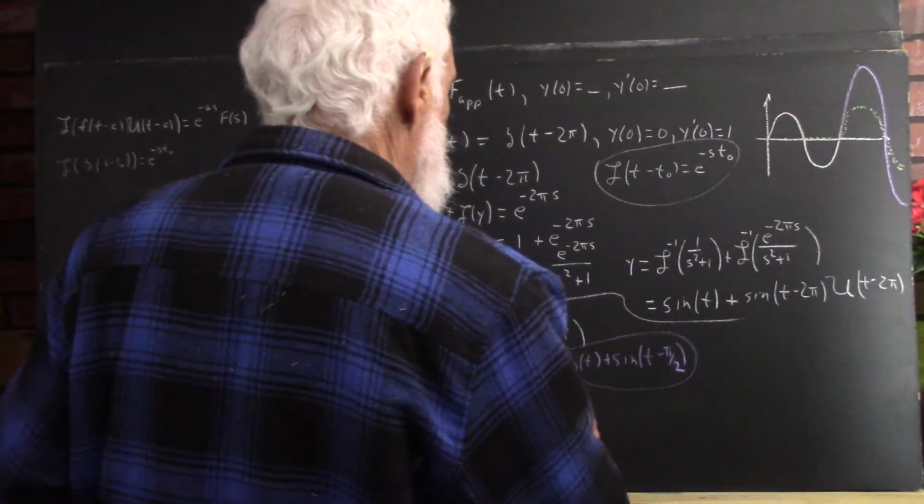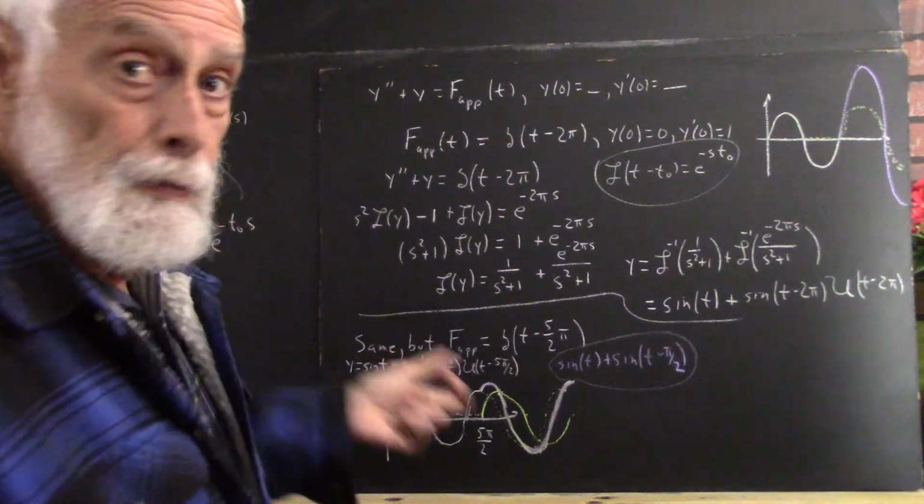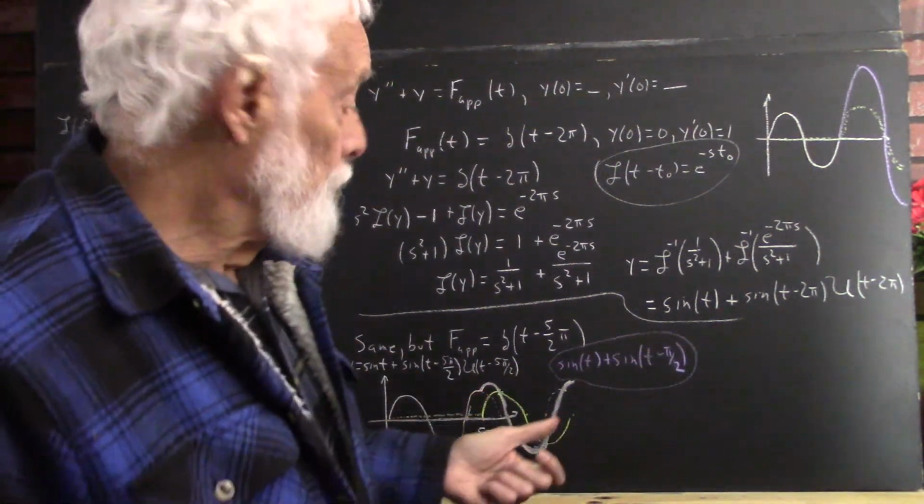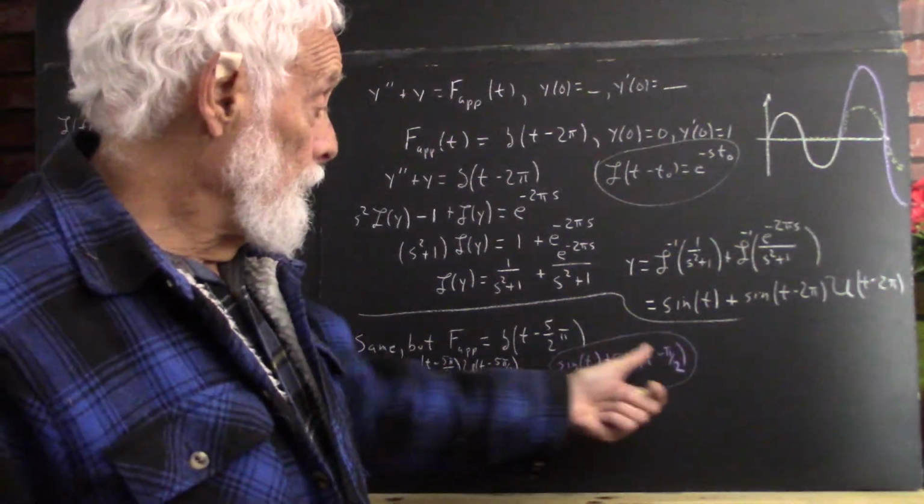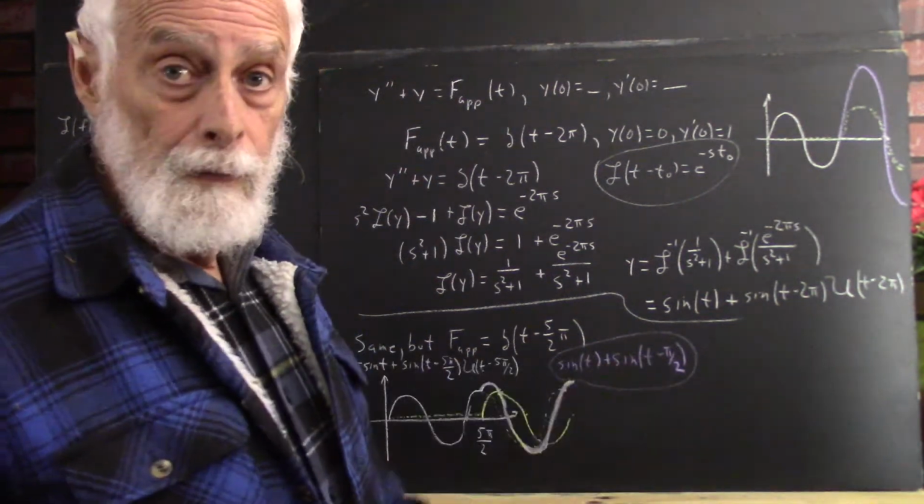Now you can use your basic trigonometric identities for the sine and cosine. Sine of t minus pi over 2 is what?